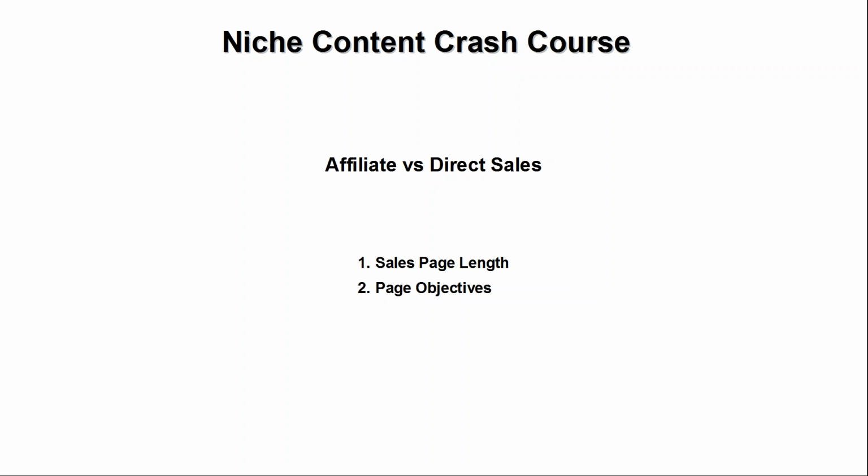Things like that can obviously drastically affect the amount of content that you would want to be putting on those pages. But with one of these direct sales pages, a lot of times you can have multiple thousands of words on one of them. So the amount of content can be a very drastic difference with those two types of content writing.